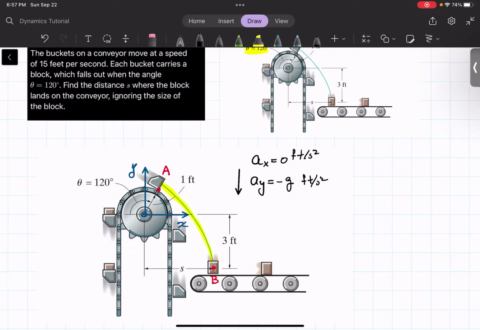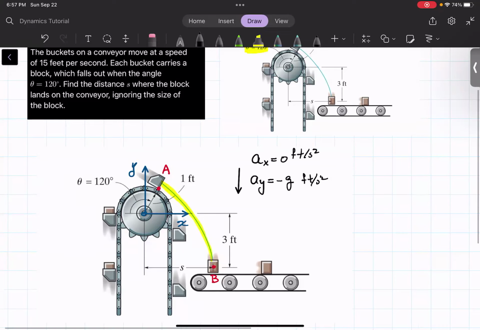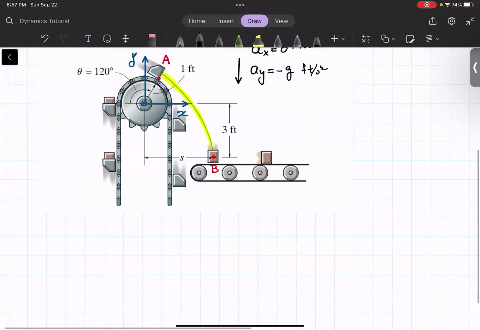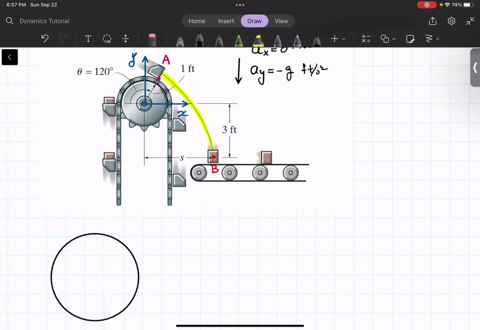So once again, we draw the sprocket separately so we could understand the angles. Point A is here, let's say. You have the origin.